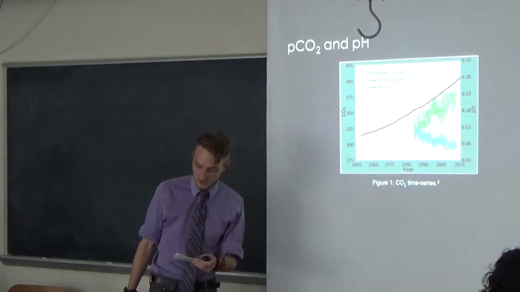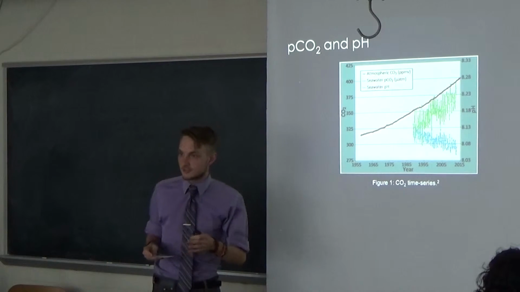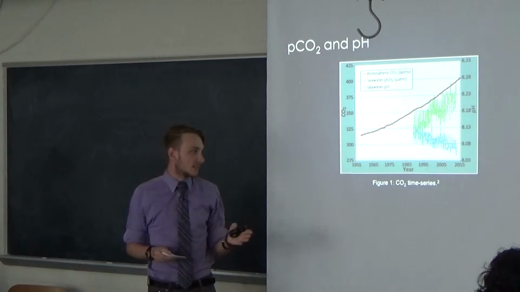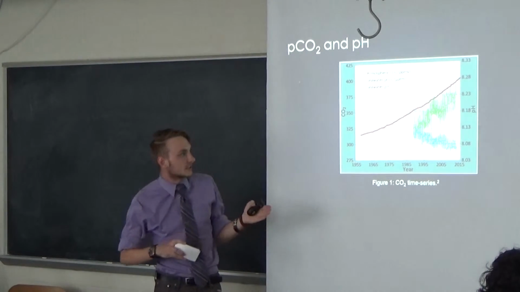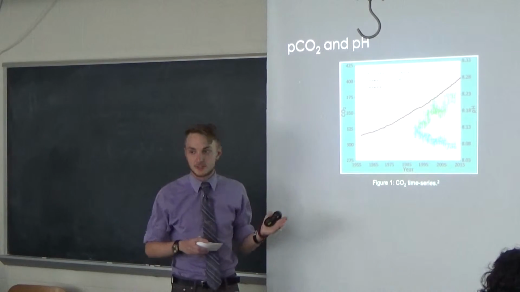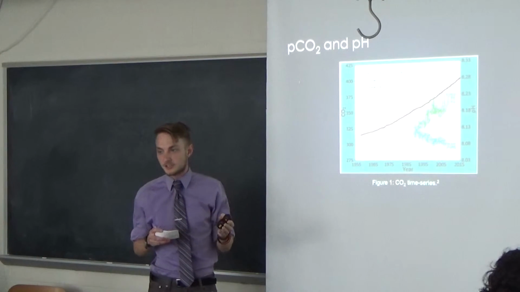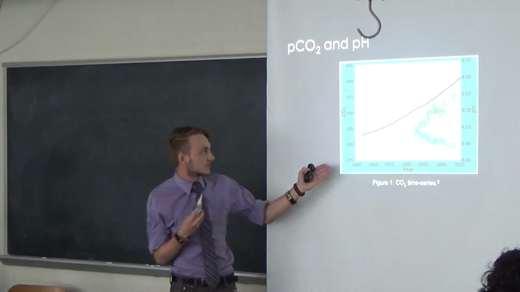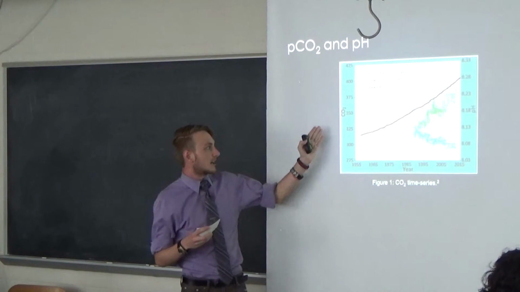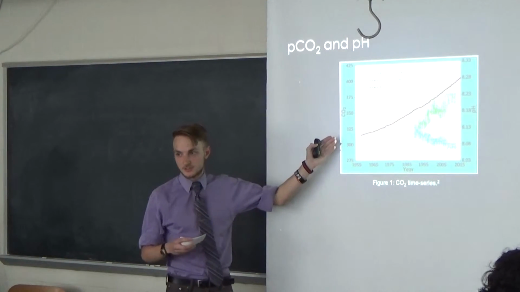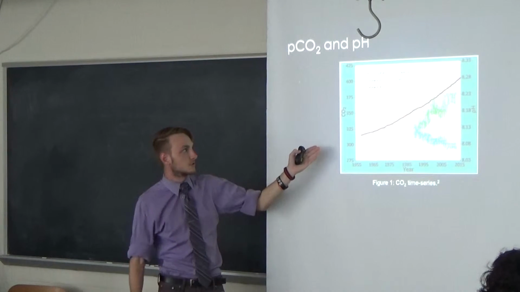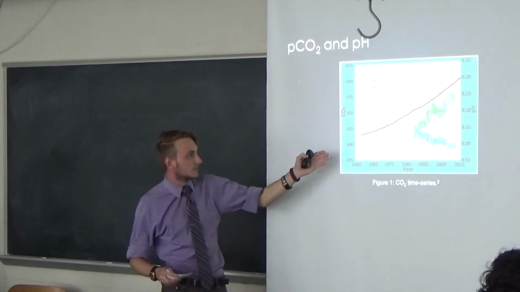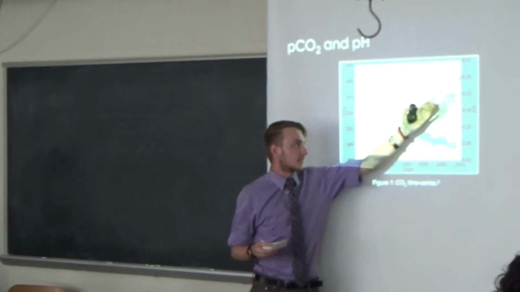So, this is a CO2 time series that was made around California. It just shows the change in atmospheric CO2 and pH over a long period of time, since 1955. The y-axis corresponds to the concentration of CO2 in the atmosphere in parts per million by volume, and that is the red line.